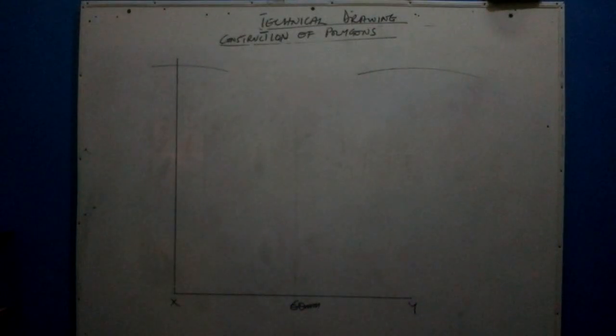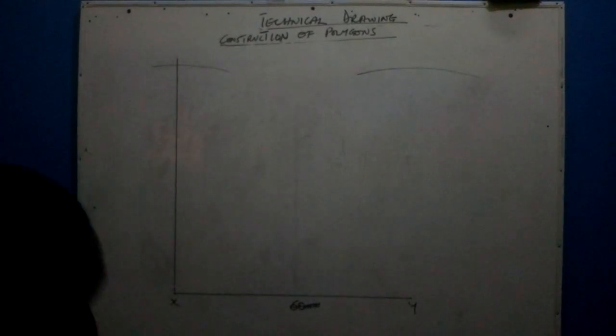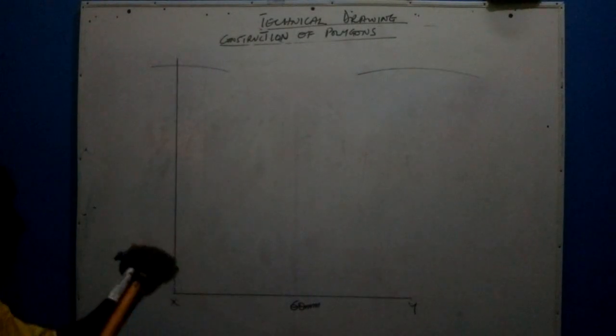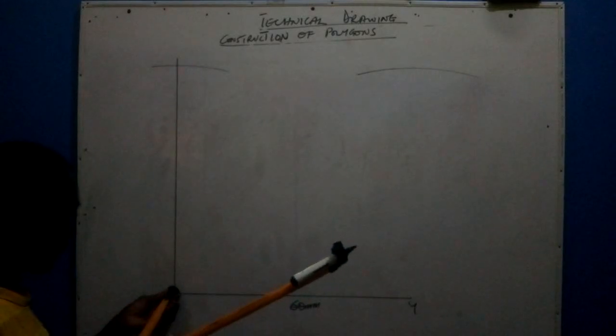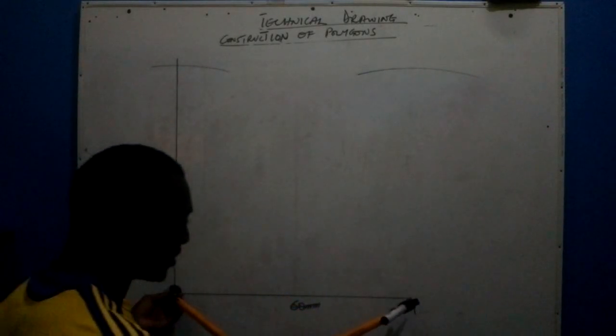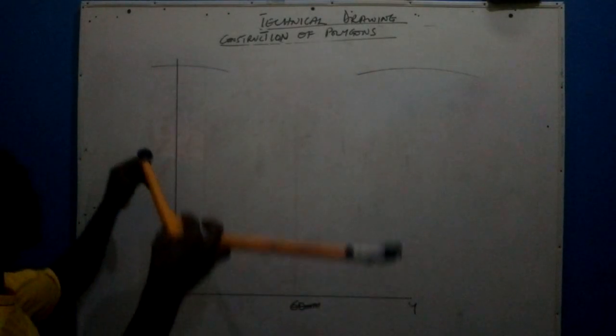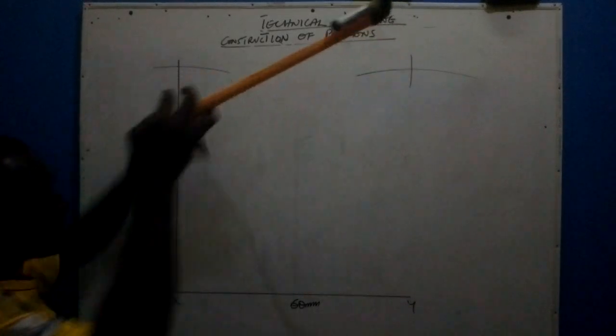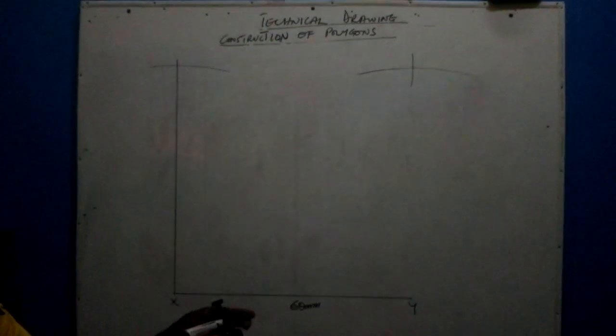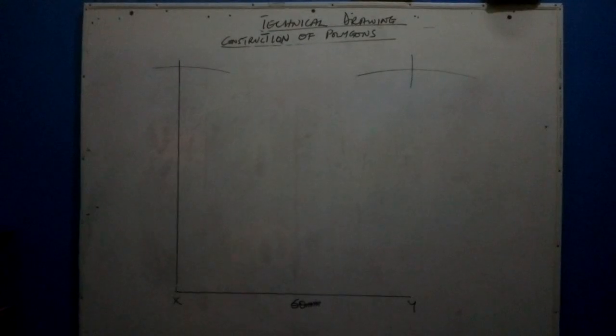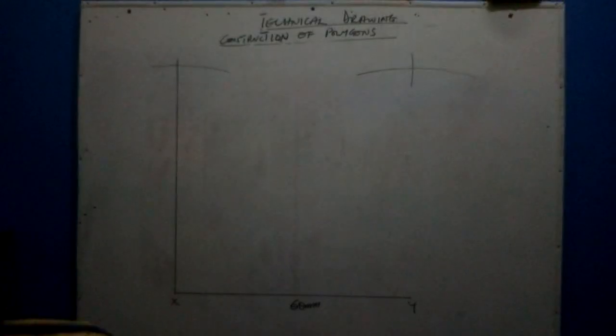Where the two intersect, I can stand on that point. I want to check if the compass has moved, then I'll stand on that point. It means that I have gotten my four points. I will now join them.